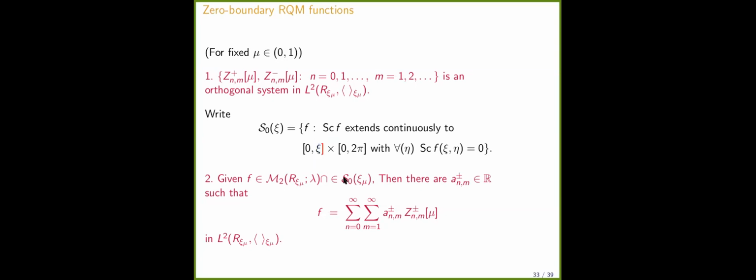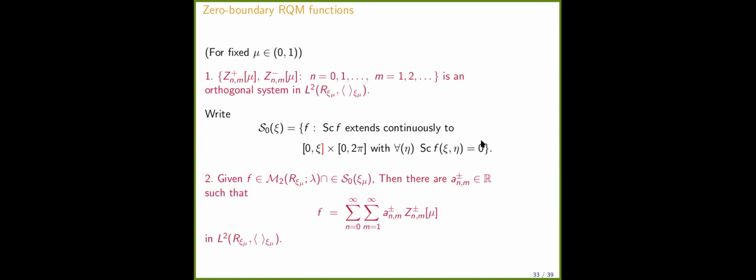Any function in this space can be approximated in the L2 sense with this weighted scalar product by these so-called zero boundary functions. So the scalar part is approximated very nicely, but to check that the other parts work is rather complicated.